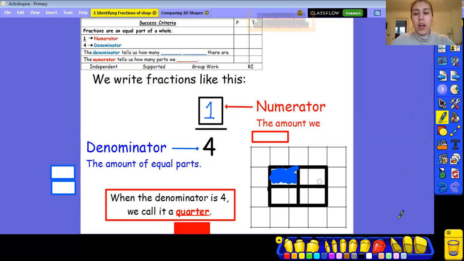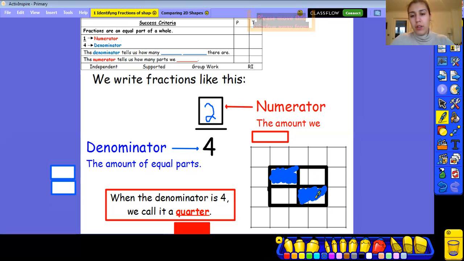Well done. What if I changed my numerator to 2? What if I now have 2/4? What do I need to change over here? Well done. I need to shade 2 of my quarters. Do you think it matters which 2 I shade? No, because they're all equal.